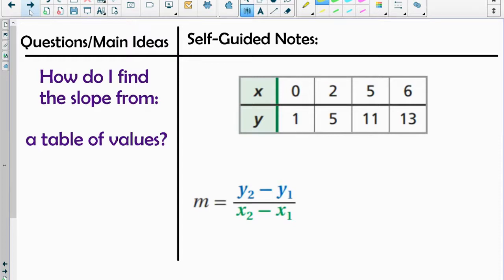Let's look at a problem like this together. Here we actually have a table of values, but it's really not much different. Remember that the table of values is just a different way of arranging ordered pairs.